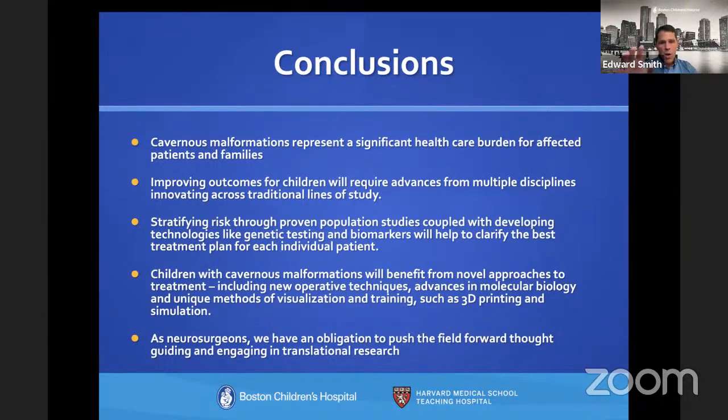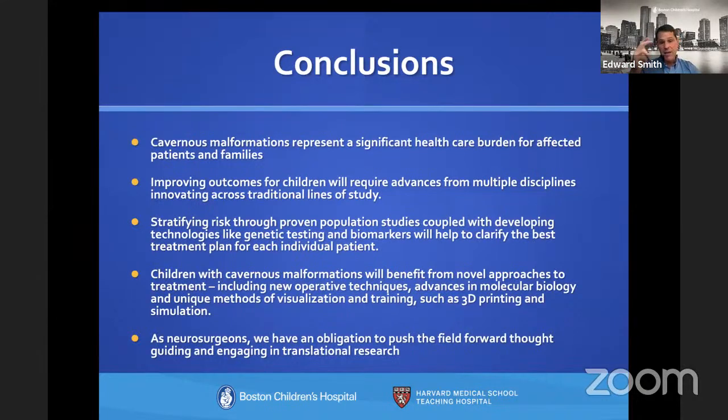I will say that all of us here, and I want to congratulate Naren for creating this listserv, I think we have an obligation as a team of people that are at the forefront of caring for these patients to push the field forward. We need to understand the risk. We need to understand the natural history.